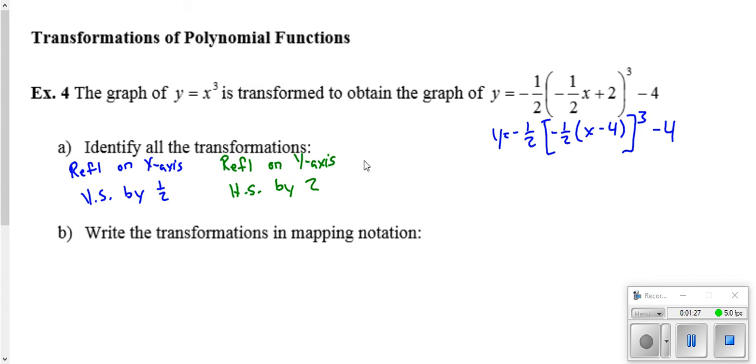Right after that we have a horizontal translation, and that's going to be 4 units to the right, because it's negative 4 inside the bracket there, and we have this one here, so that's a vertical translation 4 units down.